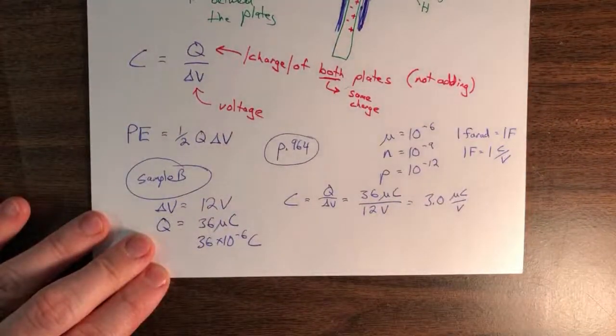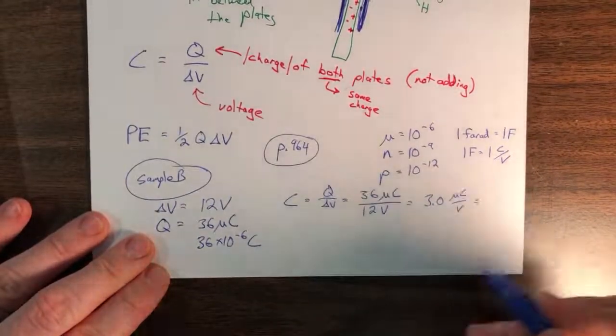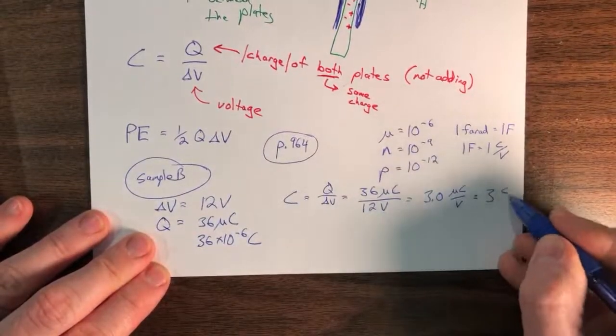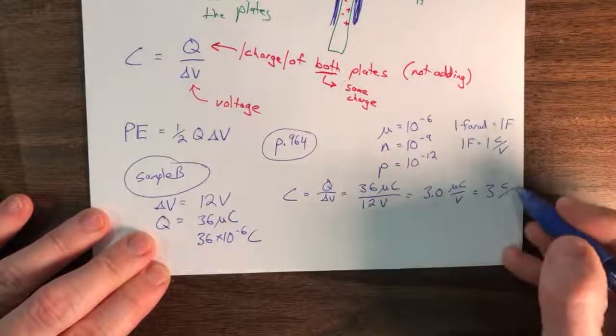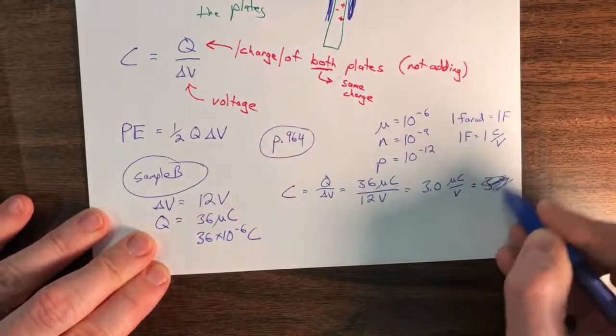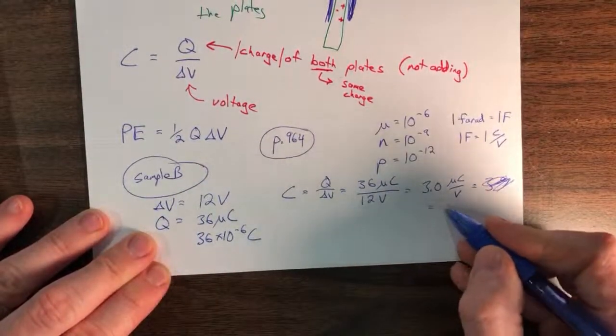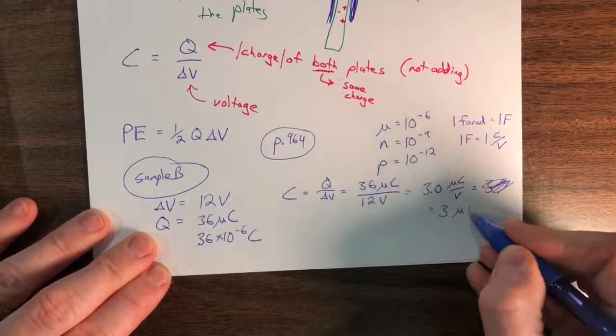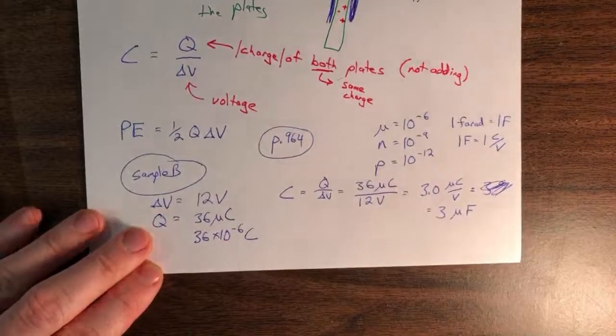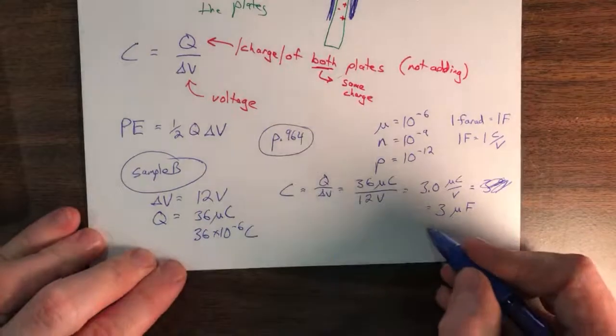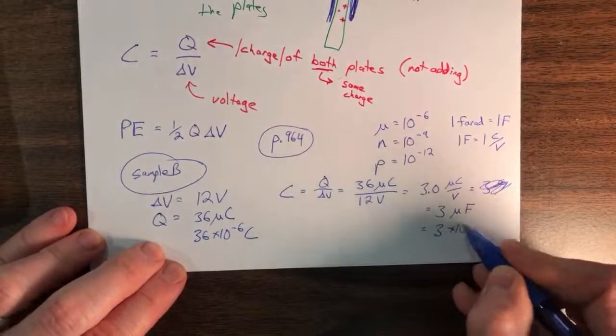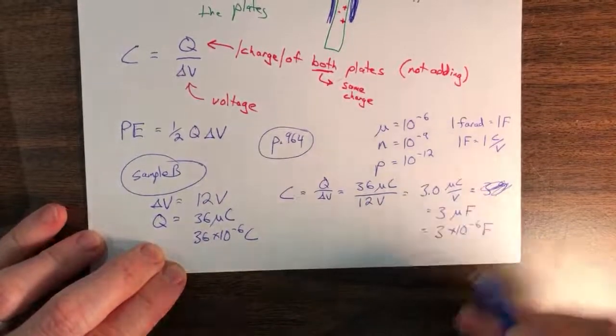Okay? And so we could say, in this case, this is 3 microcoulombs per volt, which is 3 microfarads. And that's the units. Or you could say this is going to be 3 times 10 to the minus 6 farads.